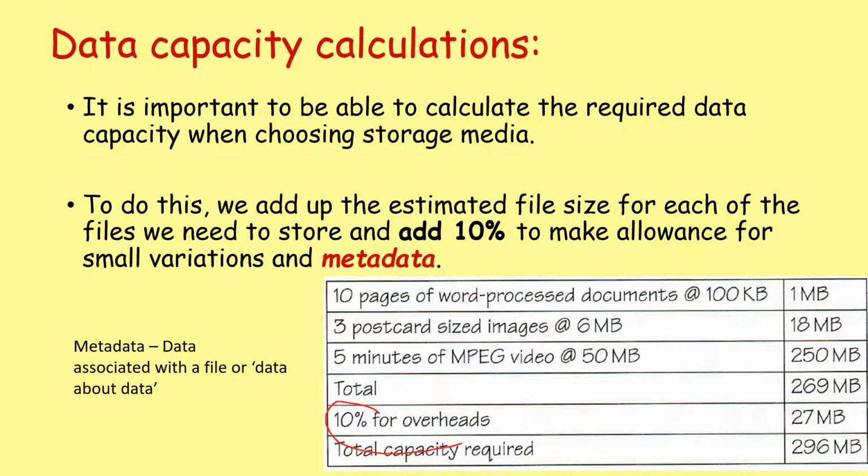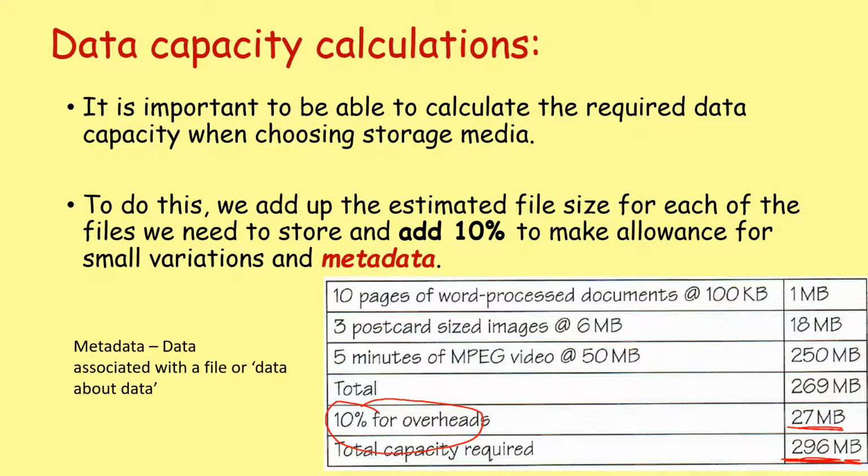Okay, so that's what we've got here. And I'm going to just say that's roughly 27 megabytes. I'm rounding it. I could say 26.9 megabytes, but I'm just going to say 27. So 10% of roughly 270 megabytes is 27 megabytes. I'm going to add all that together to get a grand total of approximately 296 megabytes.